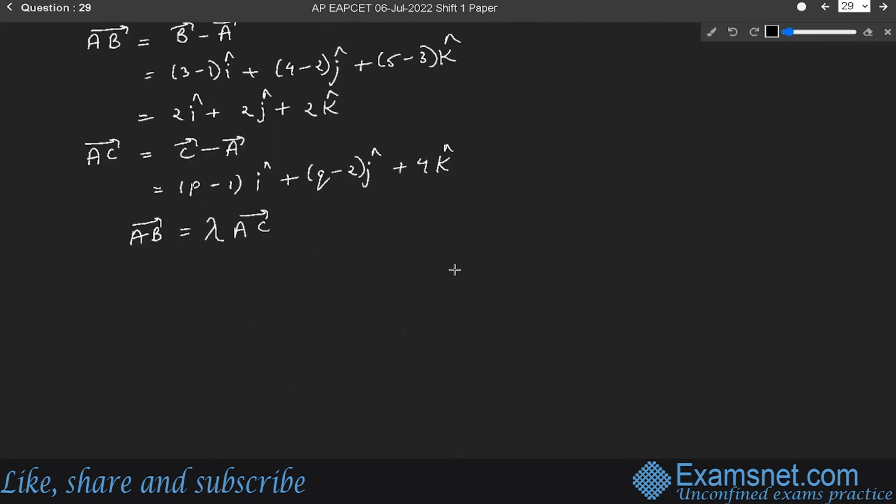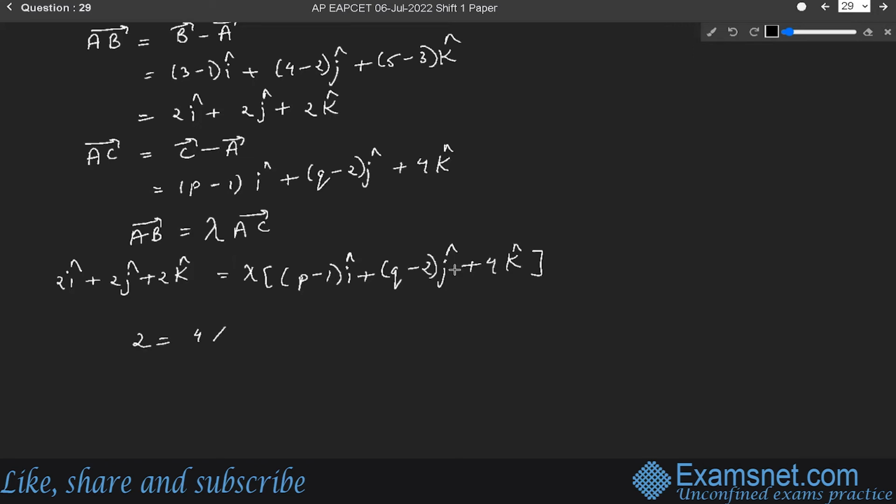So putting the values here, we get 2i cap plus 2j cap plus 2k cap is equal to lambda into P minus 1 i cap plus Q minus 2 j cap plus 4k cap. Now, when we compare the coefficient of k here, we get 2 is equal to 4 lambda. So lambda will be equal to 1 by 2.